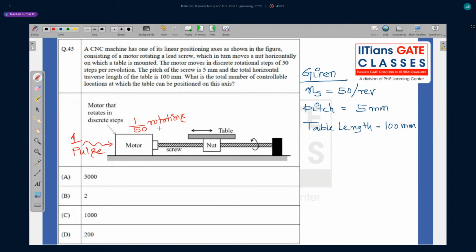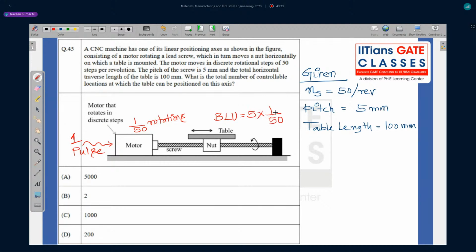So 1/50th rotation multiplied by pitch will give you the table movement, right? Because 1/50th rotation is converted by the pitch, and then the nut will move in that direction. So basic length unit, BLU, is equal to pitch P into 1/50 rotations.